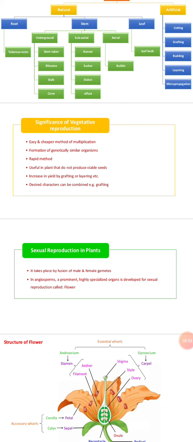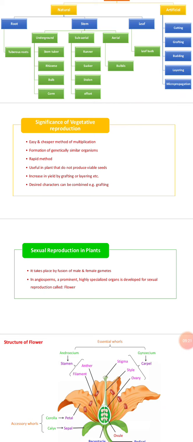The next one is the rhizome. You must have seen ginger. It is a modified stem. It also gets a little bit swollen in nature because the extra food material prepared by the leaves, the aerial part of the plant, normally gets stored in the rhizome.